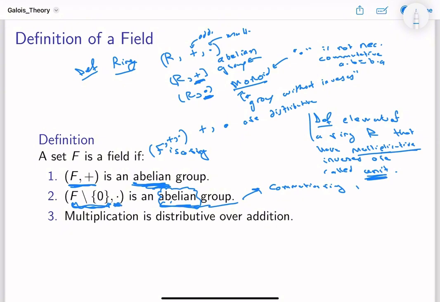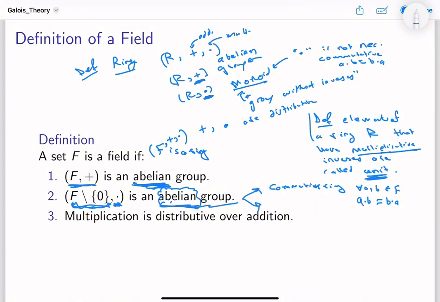Meaning if you take any two elements in F, A dot B is going to be equal to B dot A, which is not the case for general rings unless the ring is commutative. So this is the first additional thing that a field has that a ring doesn't.